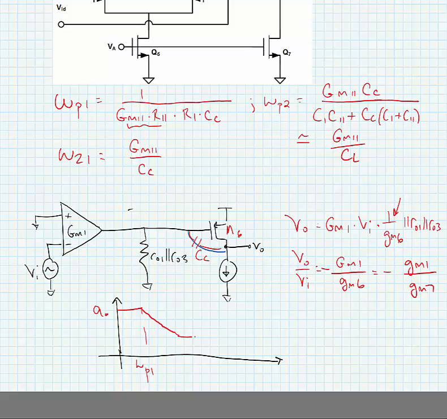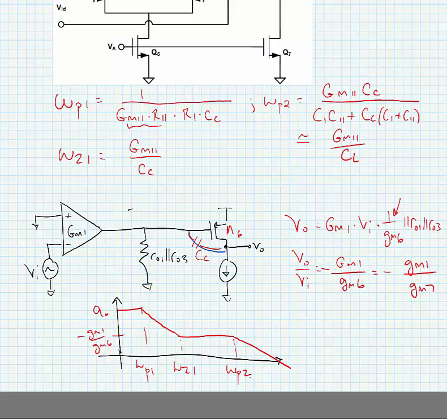The gain would then hit a zero and would be equal to minus gm1 over gm6. And then it would hit the second pole frequency and roll off further.